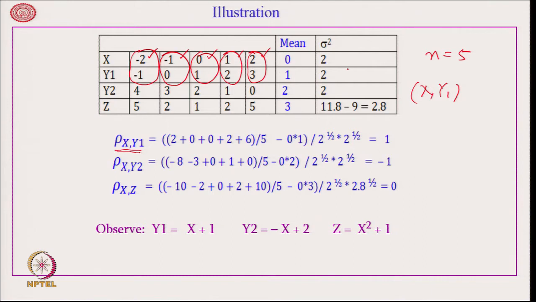We look at this table, the mean of x is 0 and its variance is 2, the mean of y1 is 1 and variance is 2.